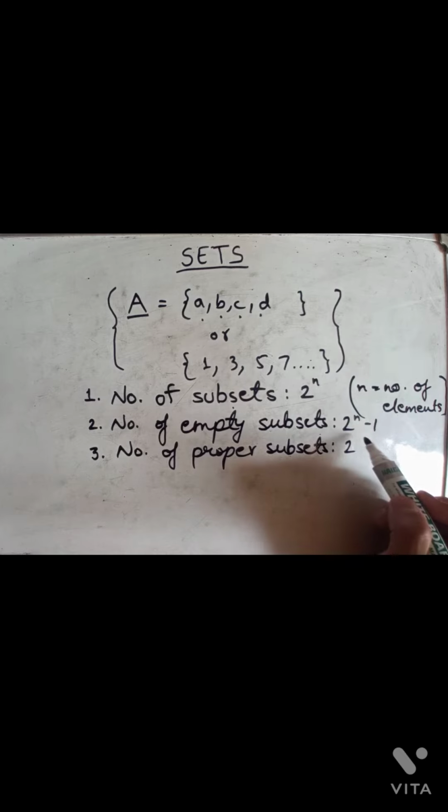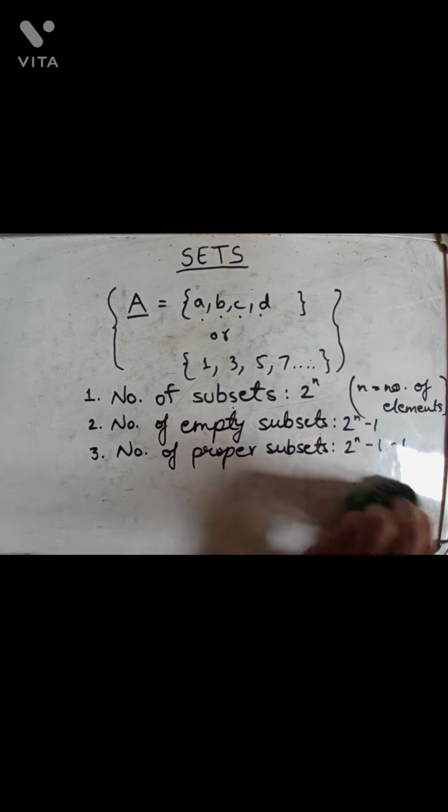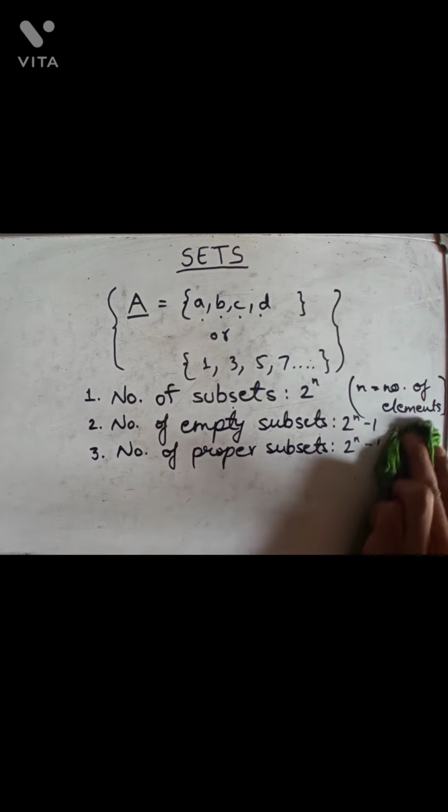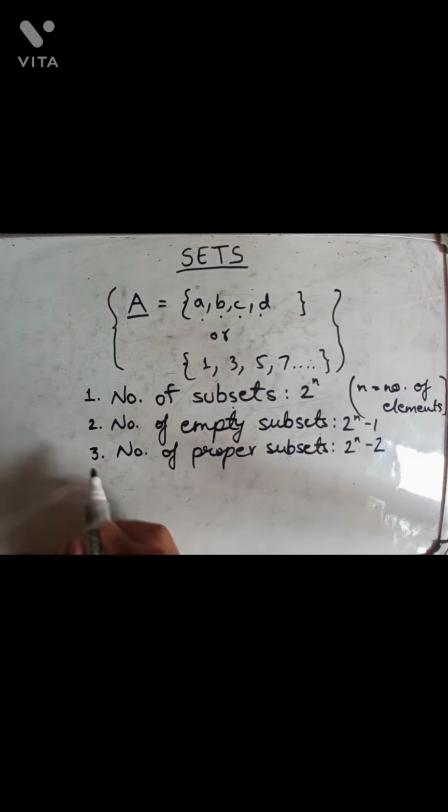It will be the same, but one more minus will be there. As in empty subsets there was 2 to the power n minus 1, but in the case of proper subsets the set itself will not be there, so the answer will be 2 to the power n minus 2. So let us correct this. This will be 2 to the power n minus 2.